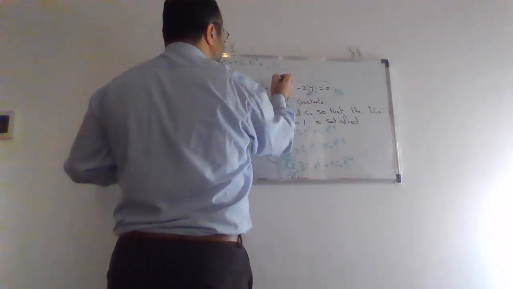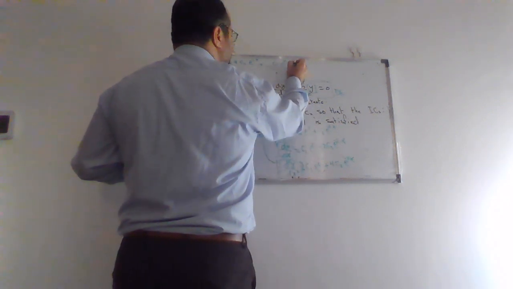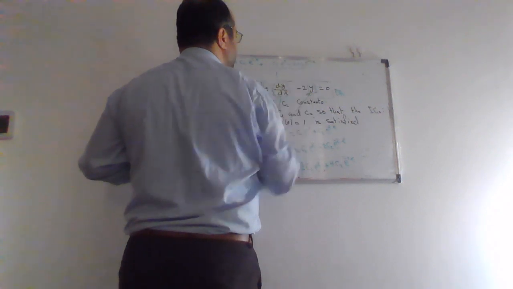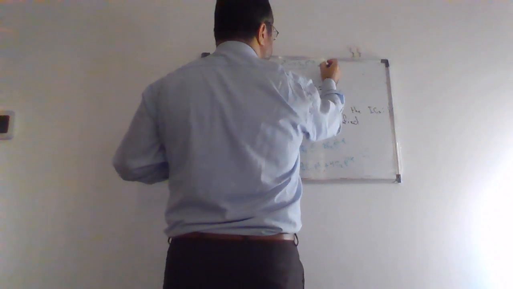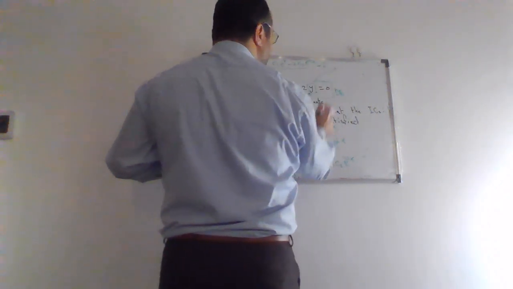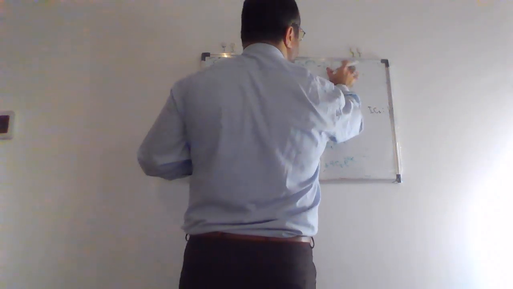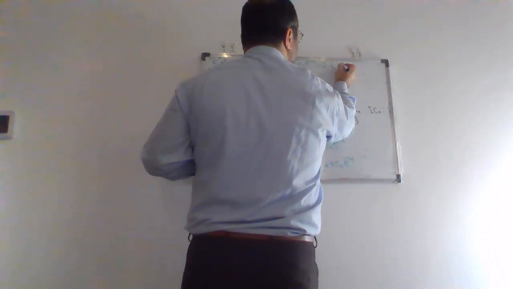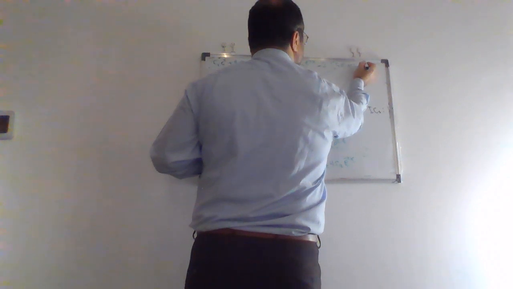It is c1 e power x minus 2 c2 e minus 2x. And then I'm writing now minus 2, and now I'm writing y here. What is y? You need to put a bracket because this minus 2 is multiplied with the whole y, okay? Then c1 e power x plus c2 e minus 2x.